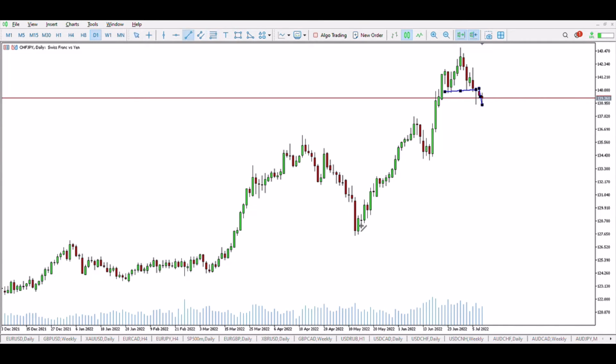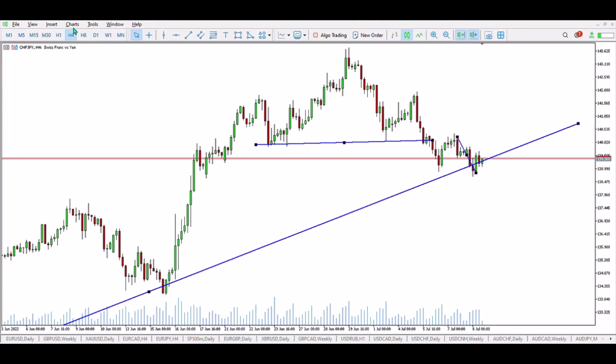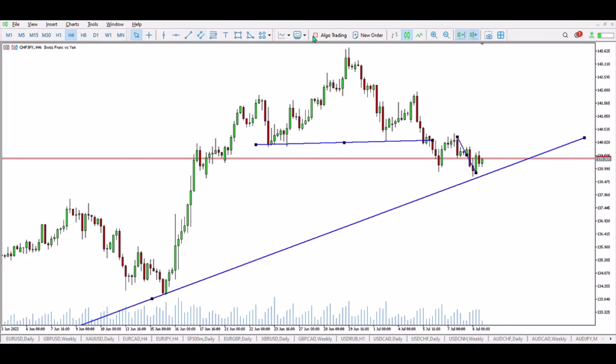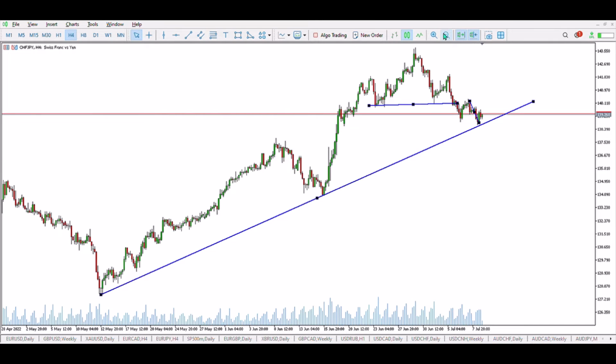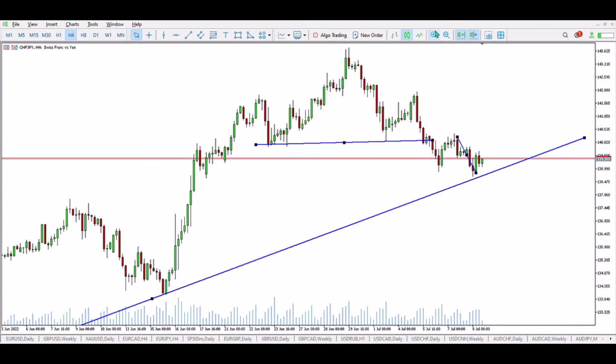Let me just show you. Here was our trend line. Let me show you on the 4-hour. Yes, something like this. So my take profit target was somewhere a little bit above this high.